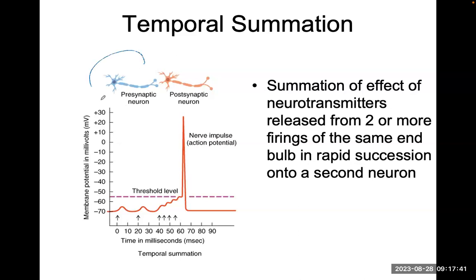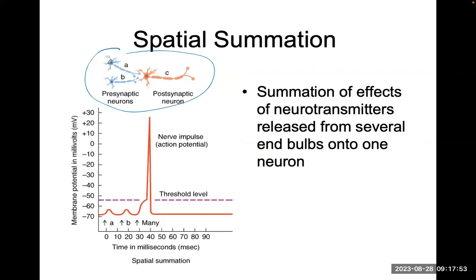And in temporal summation, we have one presynaptic firing on the postsynaptic, but this can fire over and over and over again. So the difference here, this would be like all of my students, 50 students saying, I don't want the test today. And they scream it out. Whoa, okay, I guess they really don't want the test today.